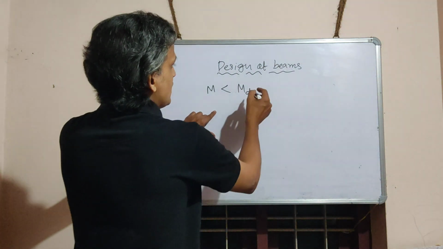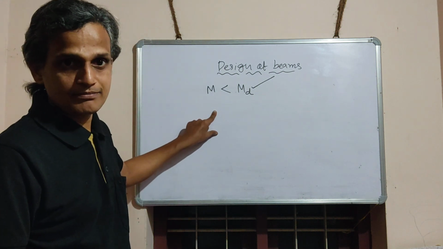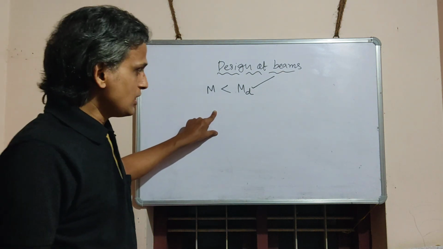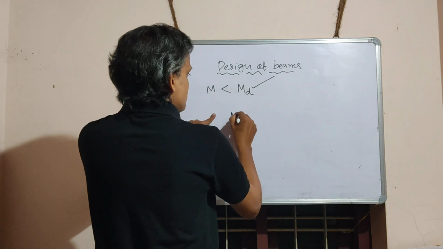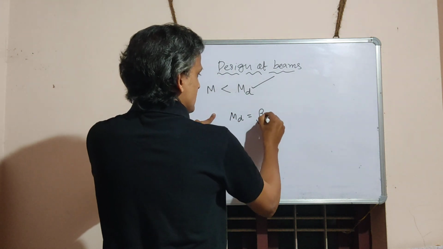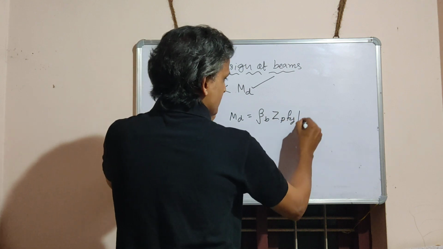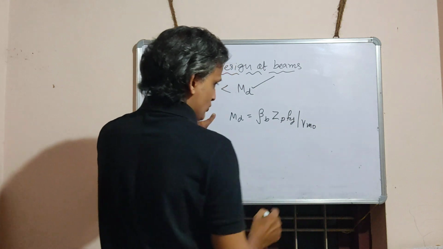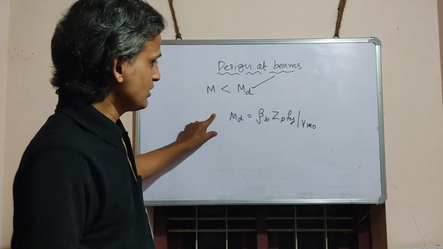Now, how will we calculate this? That is the moment capacity Md. The formula given in IS 800 is Md is equal to beta B Zp Fy divided by gamma M0. That is the first formula given in IS 800.